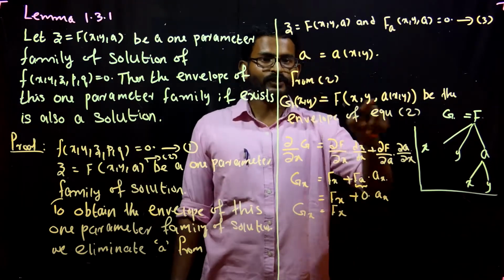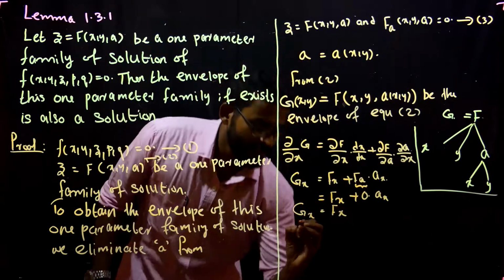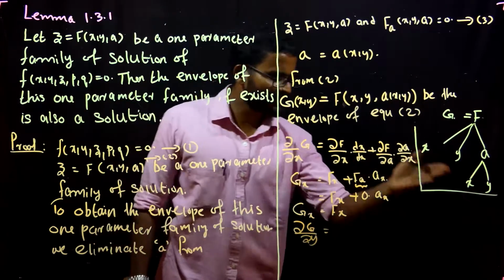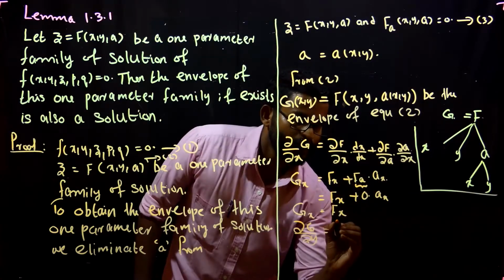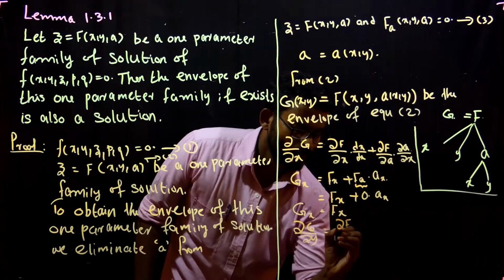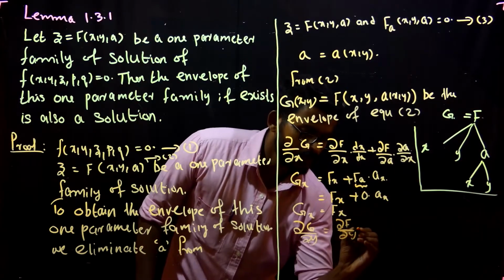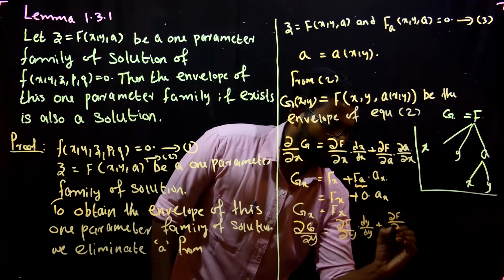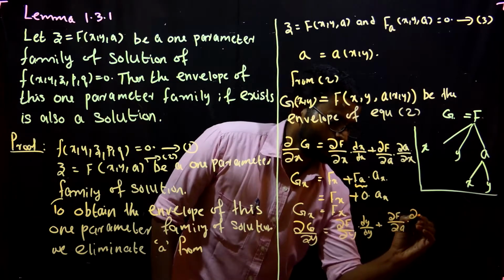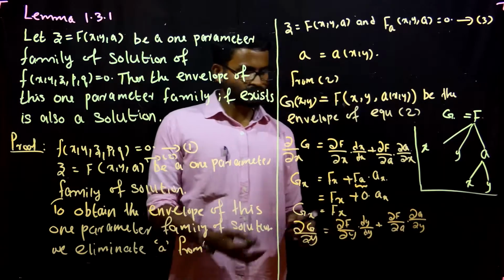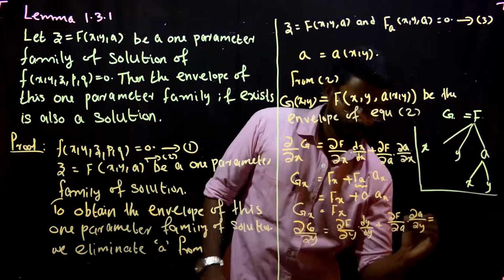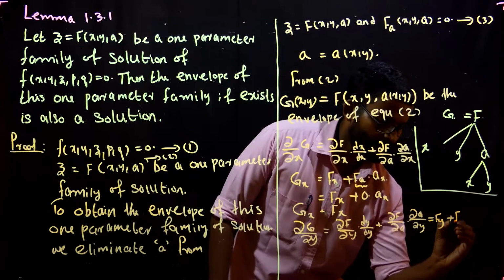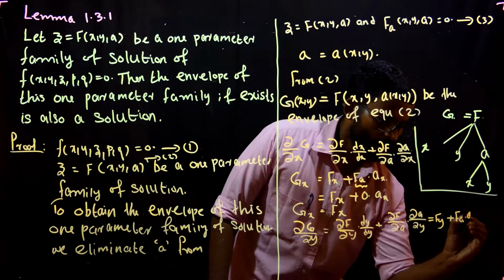Similarly, differentiate this equation with respect to y partially. That is, dou g by dou y equals, by the same procedure, dou f by dou y into dy by dy plus dou f by dou a into dou a by dou y, which is equal to fy plus fa into ay.